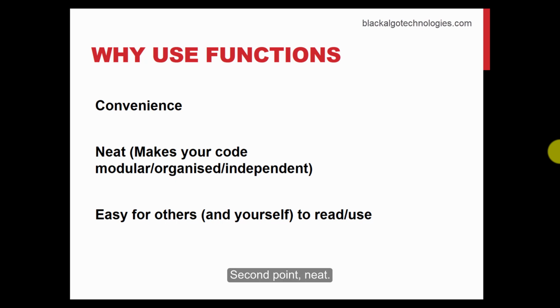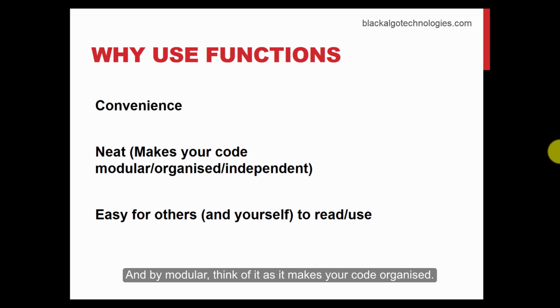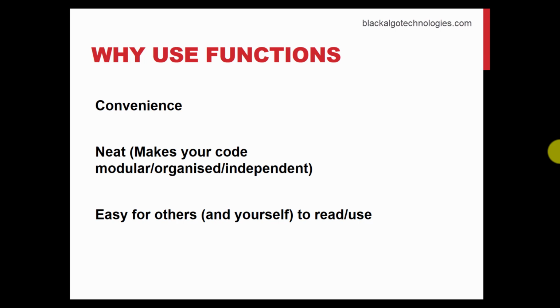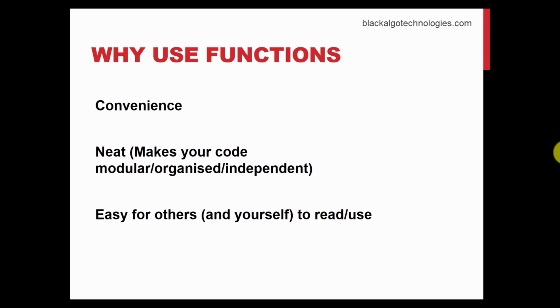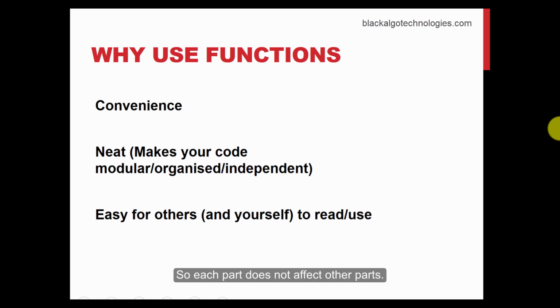Second point, neat. It makes your code modular. And by modular, think of it as it makes your code organized, and it separates your code into independent units. So each part does not affect other parts. Another way to think about it is to imagine the opposite.